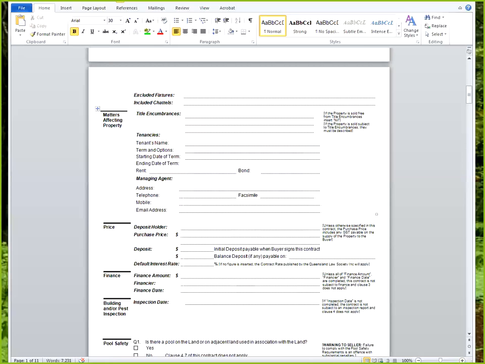I then checked with the partner, and following checking the contract and conferring with the partner, I went back to the client and said that notwithstanding my earlier advice, it did appear that the purchaser would be able to lay claim to ownership of that chattel because of the abandonment clause, given that the chattel was abandoned, left there at the time of settlement.